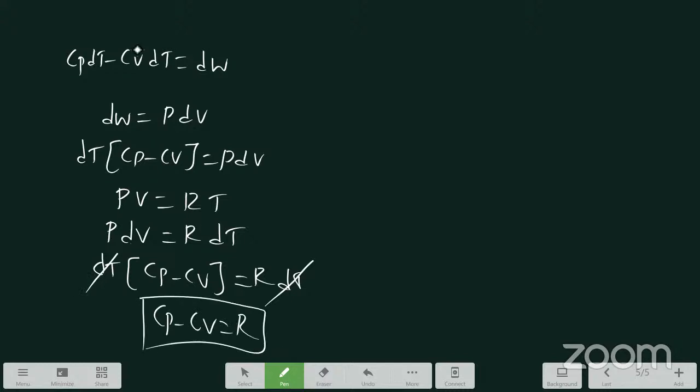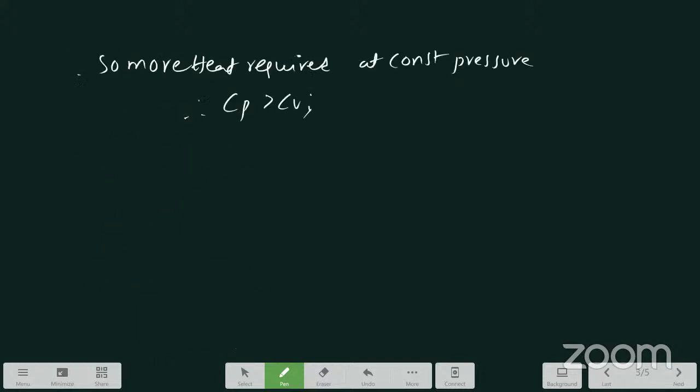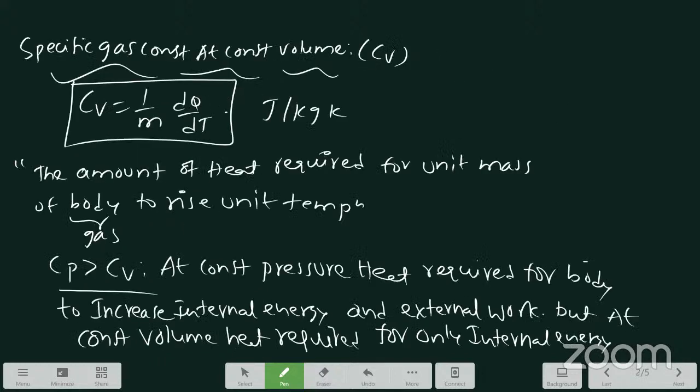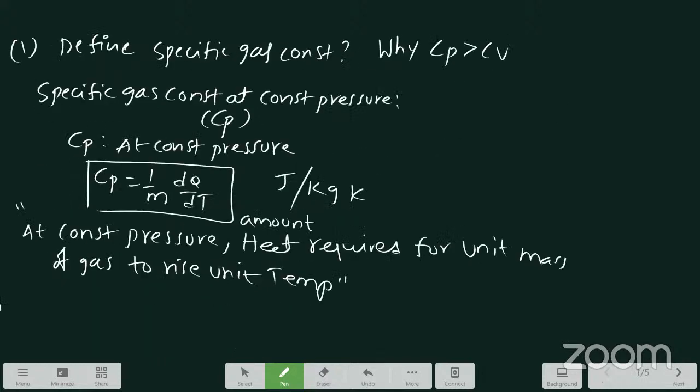This equation, within a few minutes, I am giving in 4 lines, student, a shortcut explanation. First of all, today's question number 1 starts with: Define specific gas constant. Why is Cp greater than Cv?